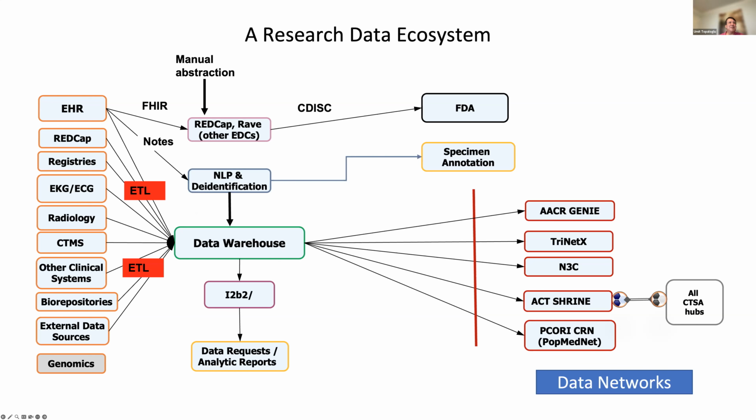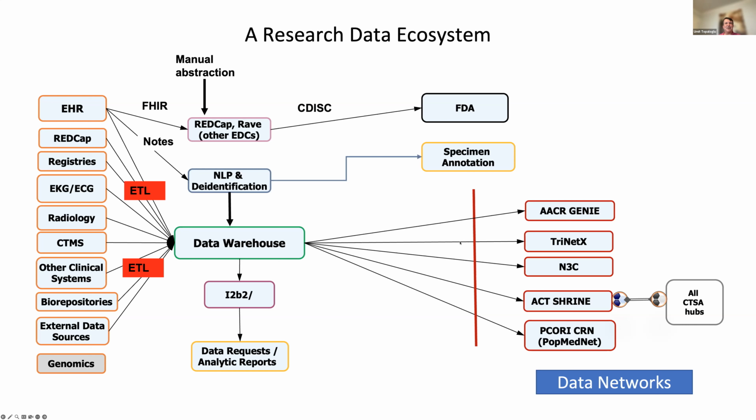Pretty much most institutions participating in clinical trials have an electronic data capture system. A very common one is REDCap, and Rave is another one most NCI studies currently utilize. Then you convert that data into CDEs, SDTM, and other formats for FDA submission.